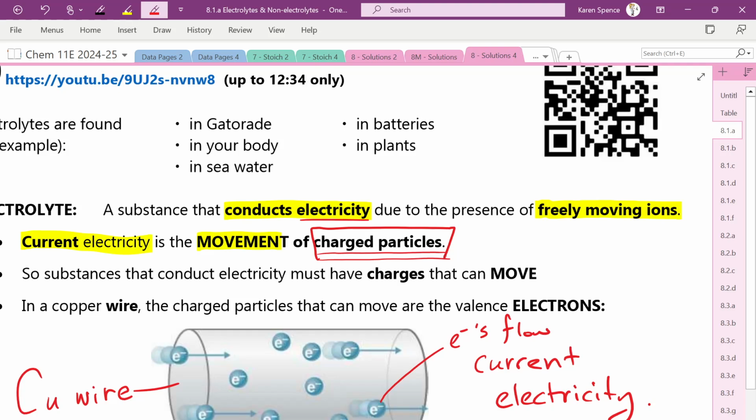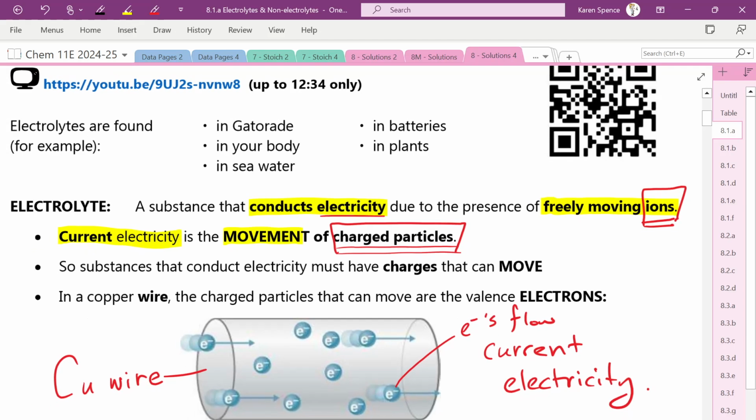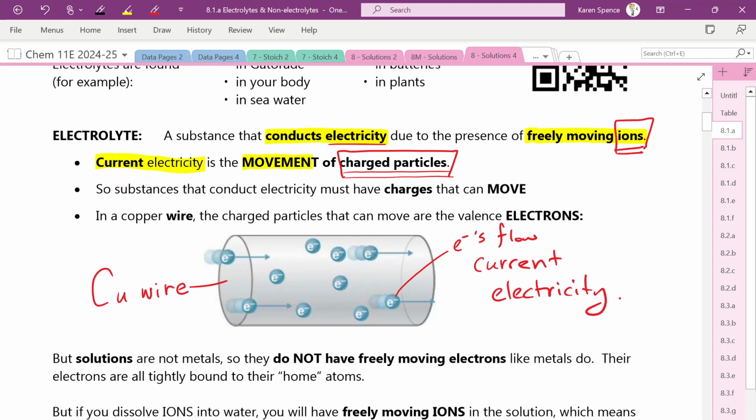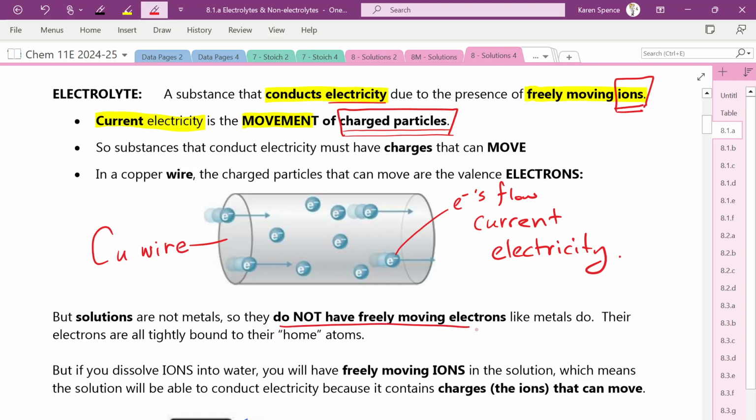What are some other charged particles? Ions. Okay? So there are solutions that conduct electricity, and they do not have freely moving electrons, but they do have freely moving ions in solution.